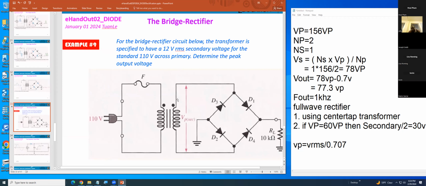Okay? So basically, V peak equal V peak secondary. Is it right?